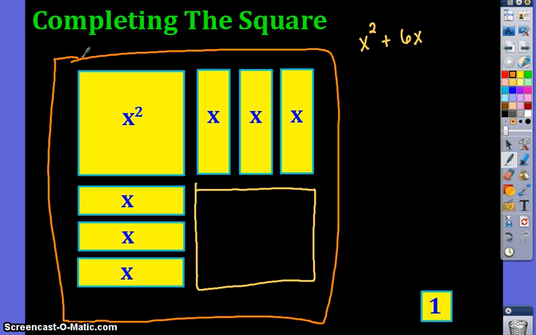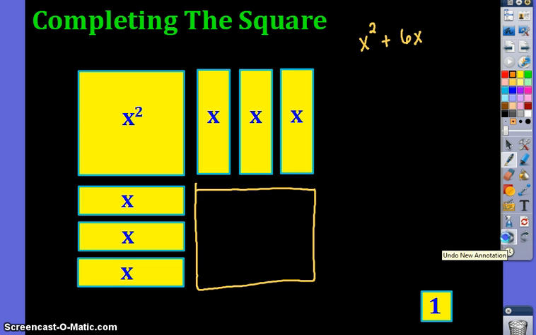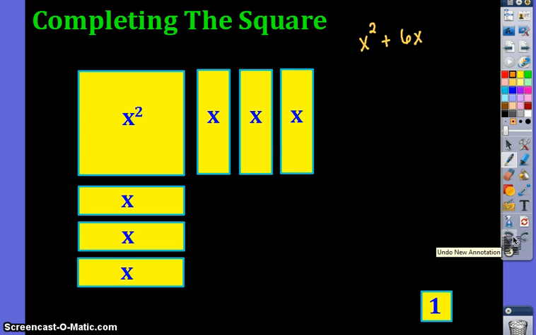So the idea here is that we can rewrite this expression as a perfect square trinomial. The way that we do that is we take this b term right here, divide it by 2, and then square it. All right, so let's go ahead and do that.